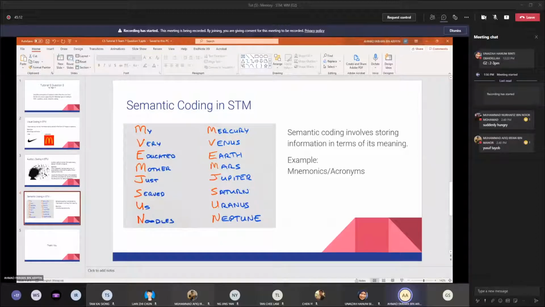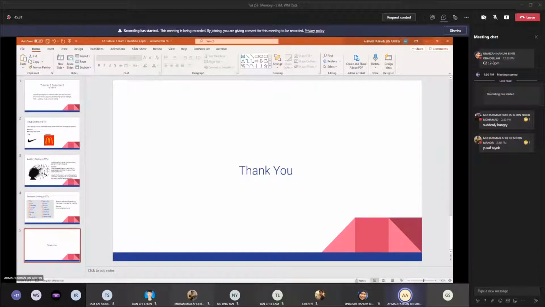For example, here we can see a simple mnemonic to memorize the arrangement of planets in our solar system: My Very Educated Mother Just Served Us Noodles, or like team 10 presented just now, My Very Easy Methods Just Pick Up Names. Okay, that's all from me.